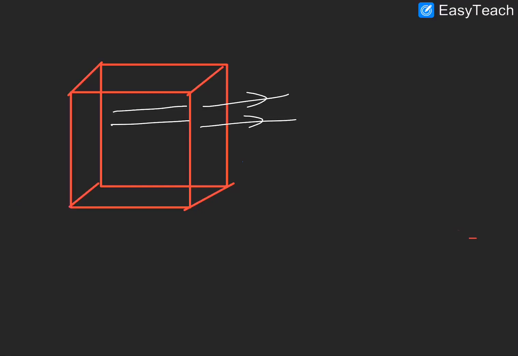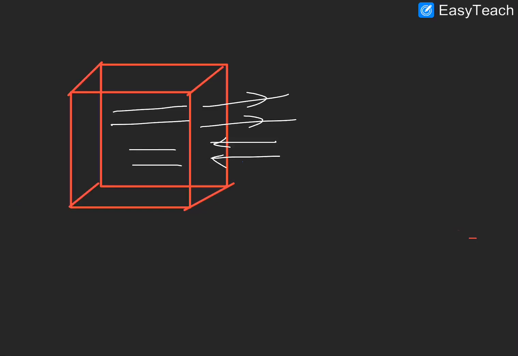At the same time, the same 2 field lines are coming inward, because there is a negative charge here and a positive charge here, so 2 field lines are passing out and 2 field lines are moving inward.